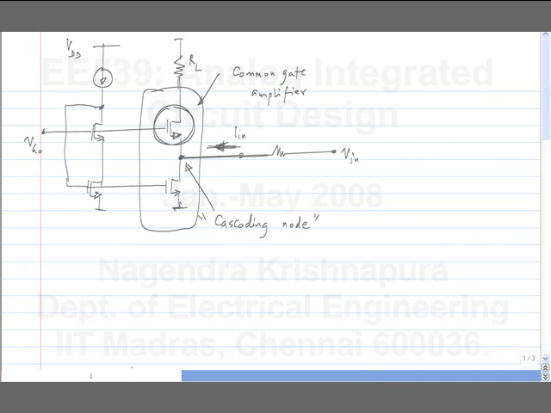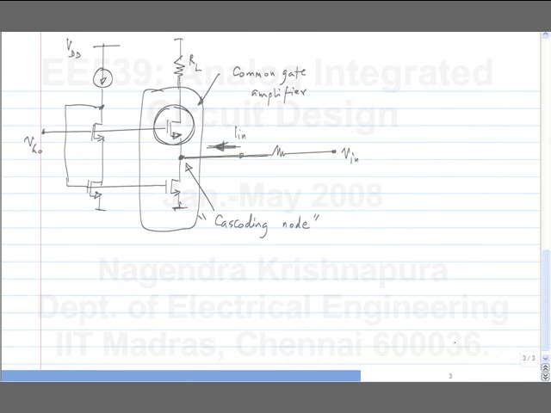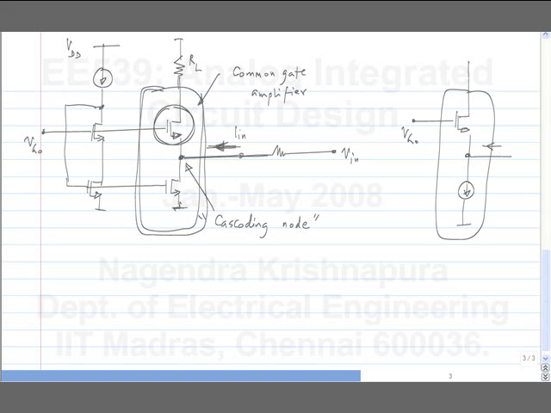So can you turn anything else into a common gate amplifier? Third one, yeah. So the third one looks like this, right? And you can apply a current input here. In fact, if you look at it, this part is exactly the same as this, isn't it?